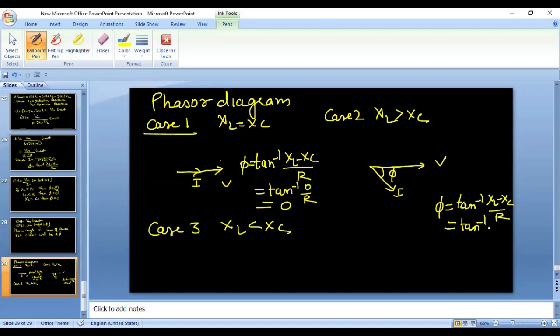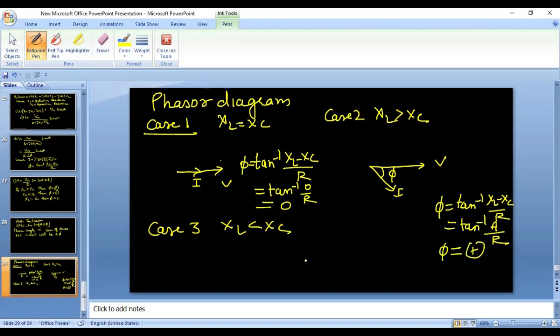Suppose the difference comes to A, so it is tan inverse of A by R, where A is nothing but XL minus XC. So phi will be a positive value.